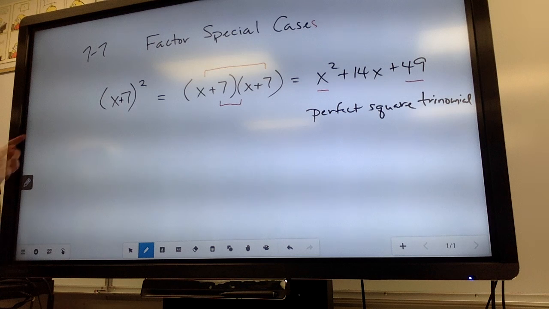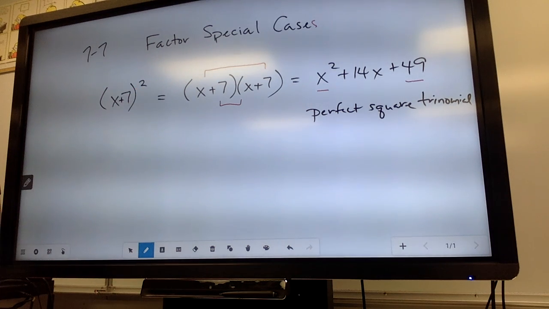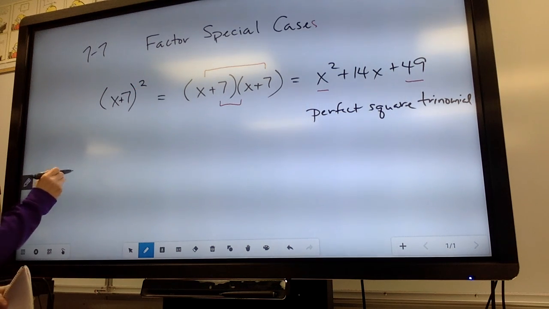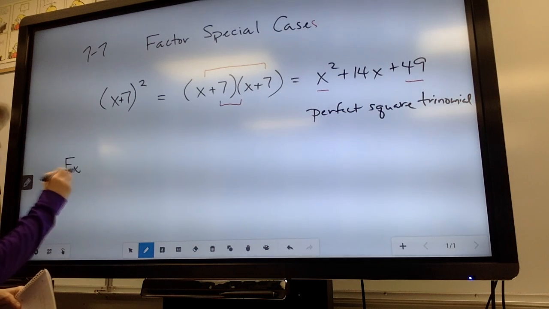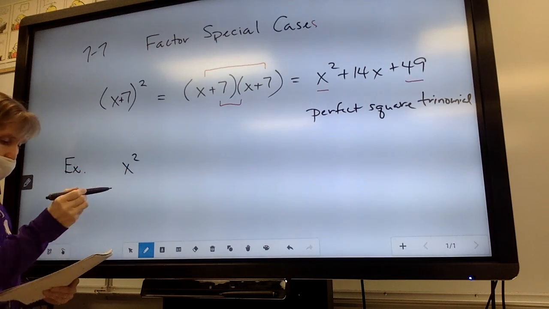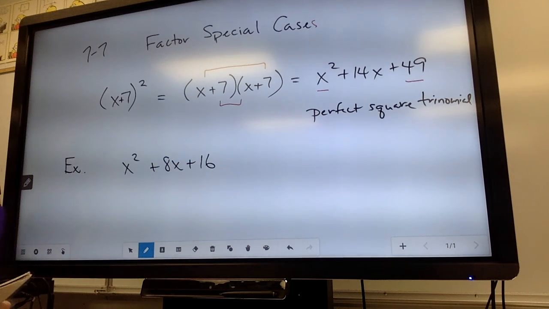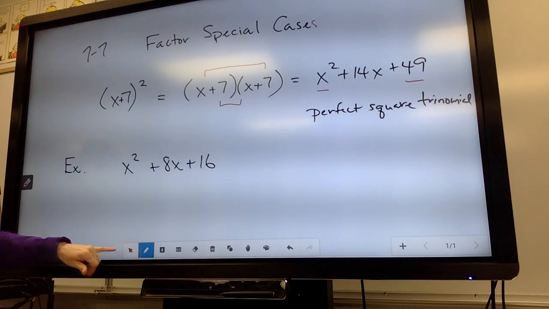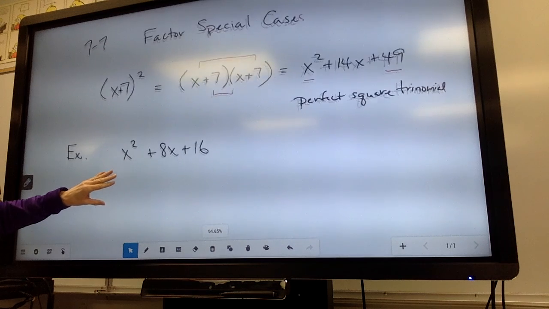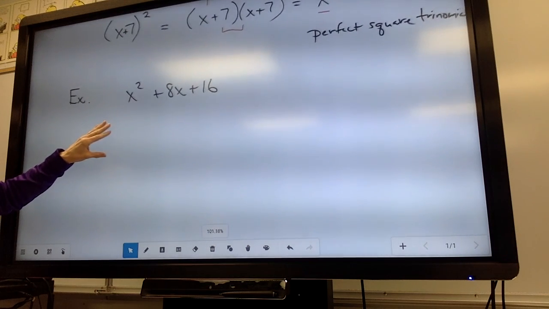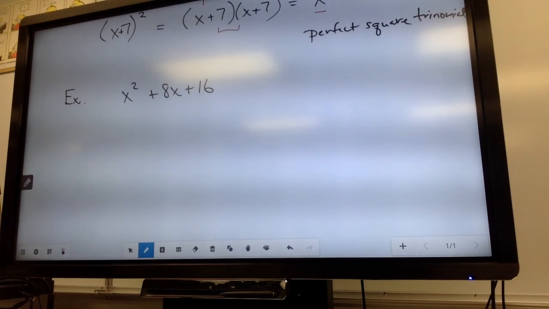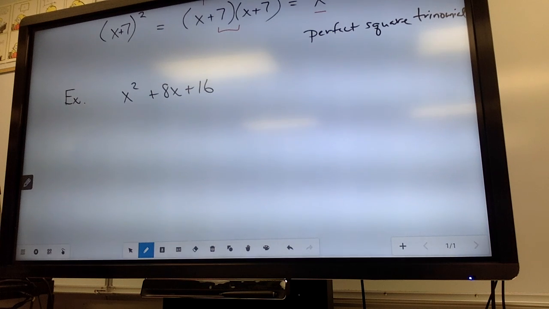Well, what you're going to do today is factor these perfect square trinomials. So, for example, I may give you x squared plus 8x plus 16 to factor. And you might recognize that it's a perfect square trinomial.